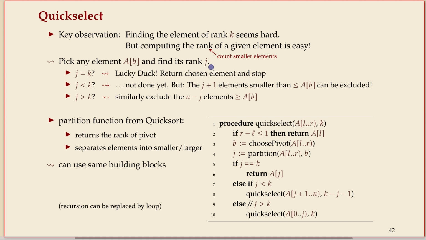We find the rank of the element by the return value, namely the position where the pivot went. And that procedure already nicely separates the smaller and larger elements. So we can use the very same subroutines, which is why I did not spell this out. If you scroll back 200 slides with all the animations, which I don't want to do now, you find the code for partition. We covered that in the quicksort section.